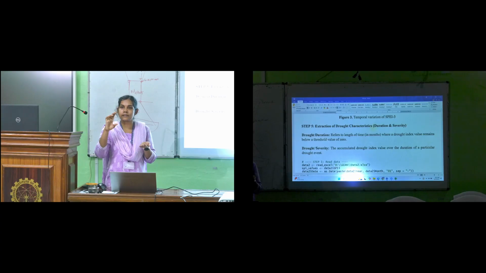So the cumulative sum of those negative values represents severity, and how many months that particular event lasts represents its duration. Based on that, I calculated duration and severity. So this is the code for that.